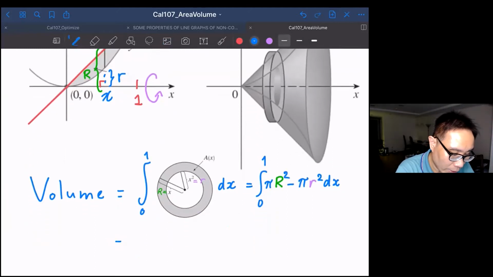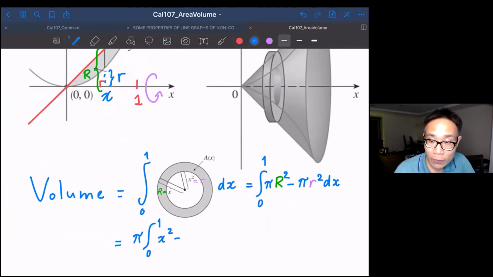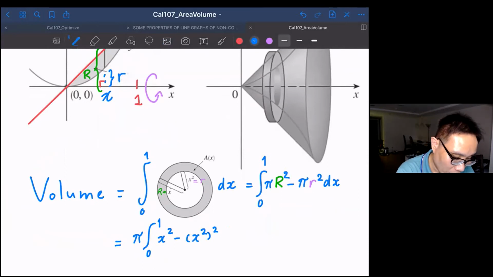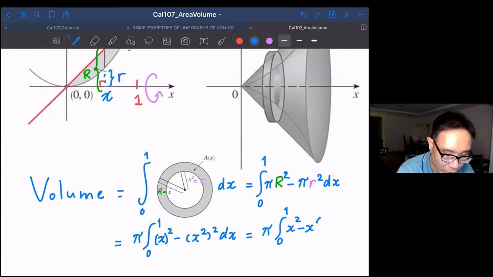For this one, it's going to be pi outside and you integrate from 0 to 1. The capital R squared is going to be just x squared, subtract the inside one, so you get x to the fourth, which is x squared and then squared. Let me just put it here like that so it's consistent. So this will be pi, integrate 0 to 1 of x squared minus x to the fourth dx.